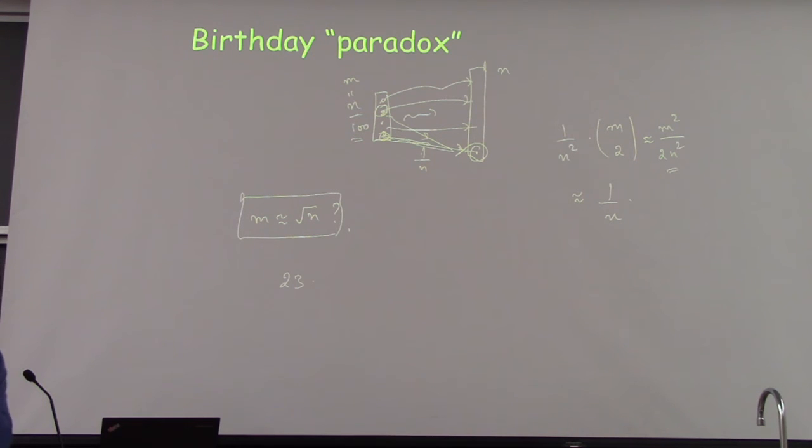This sounds like a paradox when you first hear it, because there are 365 days, and what's the likelihood that in a group of just 23 there will be 2 that have the same birthday?